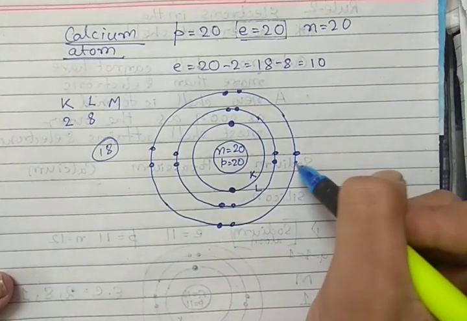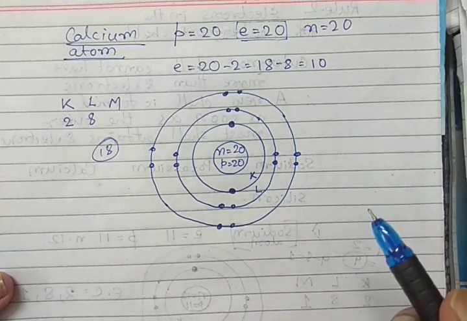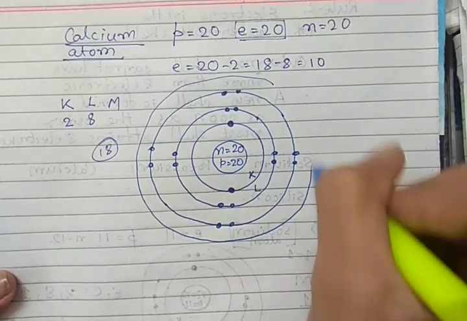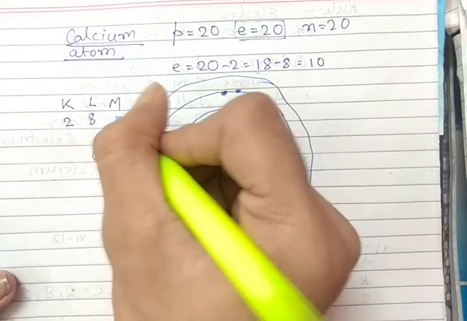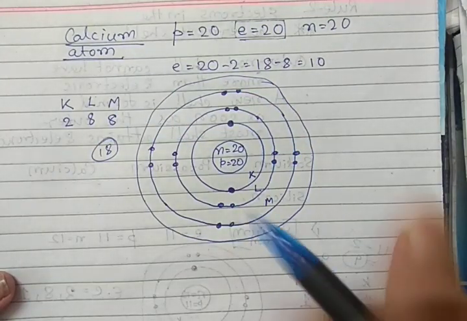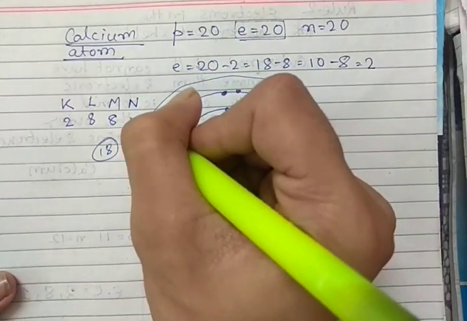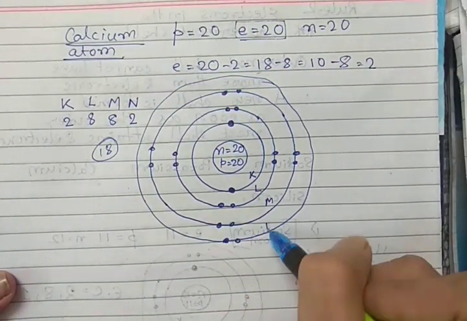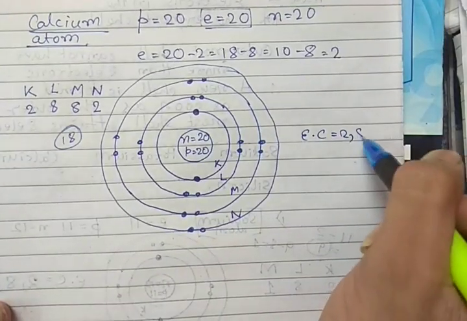As soon as there are 8 electrons, according to the second rule, a new shell will form. So the M shell will have only 8 electrons. And now how many are remaining? 2 are remaining. So there will be an N shell which will have 2 electrons. Clear? So the electronic configuration is 2 8 8 2.